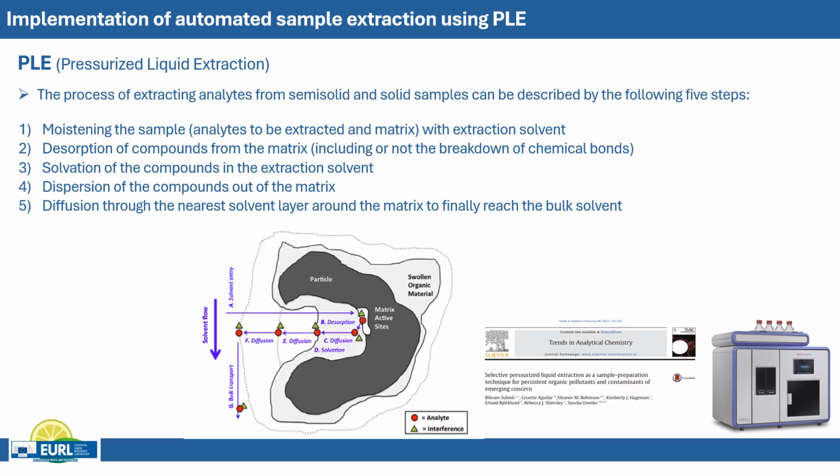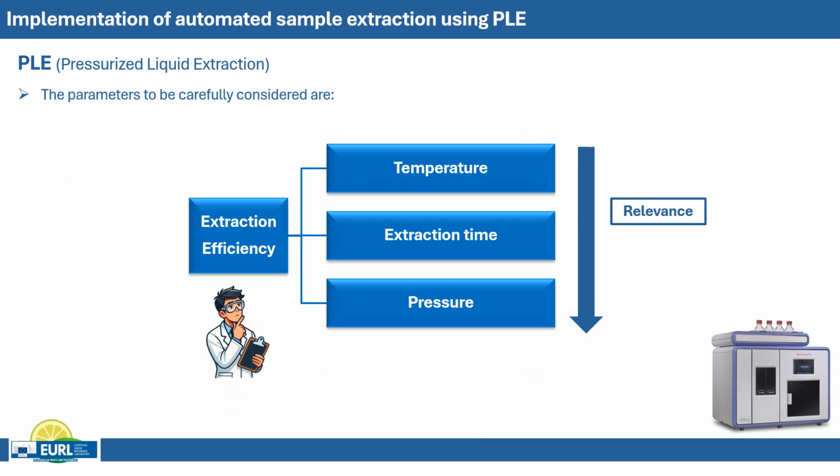The process of extracting analytes from semi-solid and solid samples can be described by the following 5 steps: moistening the sample with extraction solvent, desorption of the compound from the matrix, solvation of the compound in the extraction solvent, dispersion of the compound out of the matrix, and diffusion through the nearest solvent layer around the matrix to finally reach the bulk solvent.